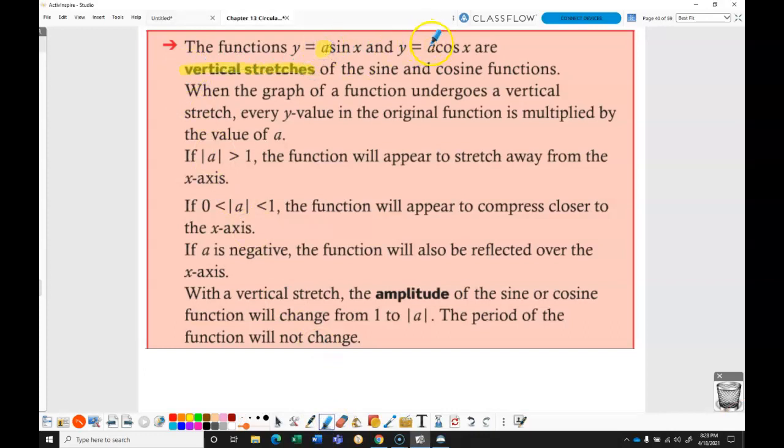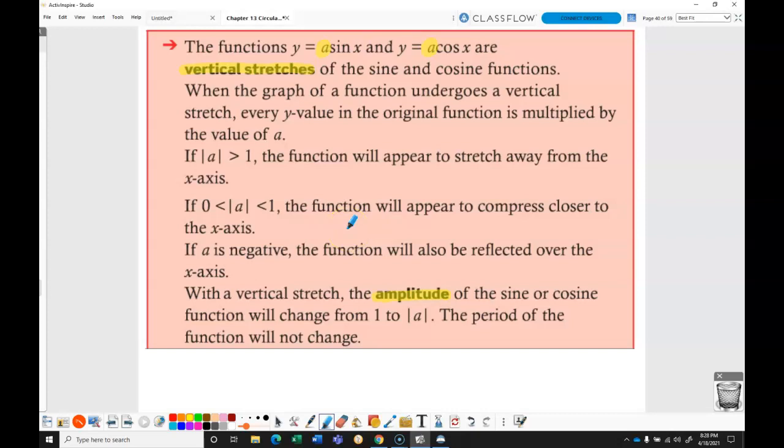It's the constant that ends up being in front of the sine or the cosine. So normally we don't write anything there. It's automatically a 1. So automatically we're used to the amplitude being 1. Okay, so the amplitude is going to now be, or the stretch is now going to be what's in front of sine or cosine. And because it happens vertically, it is what we expect.